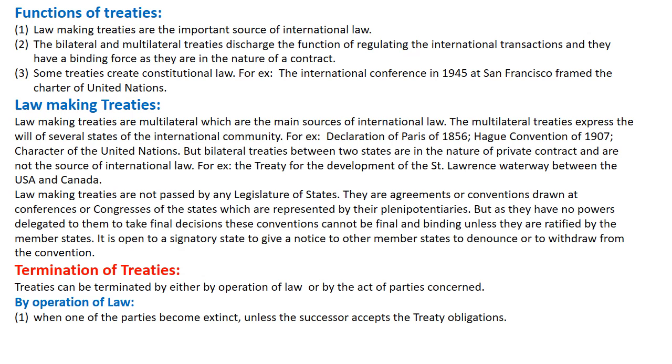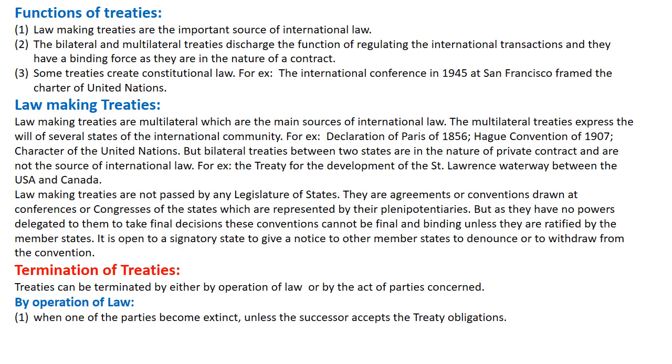Law-making treaties are not passed by any legislature of a state. They are only agreements or conventions drawn at conferences or congresses of states which are represented by their plenipotentiaries. These laws are not made by legislatures, but the states sit and discuss what is to be made in the treaty.